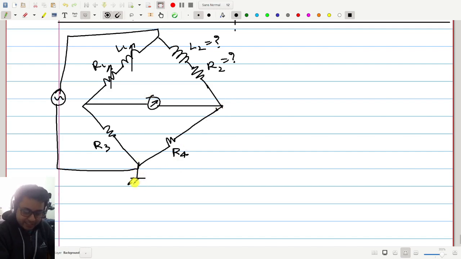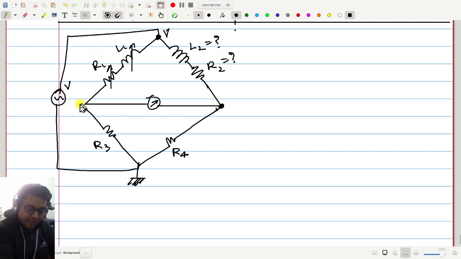So let me take this as my reference node. If this is V, then this potential is at V. Now since I'm changing this, in the absence of the meter, this potential is fixed.